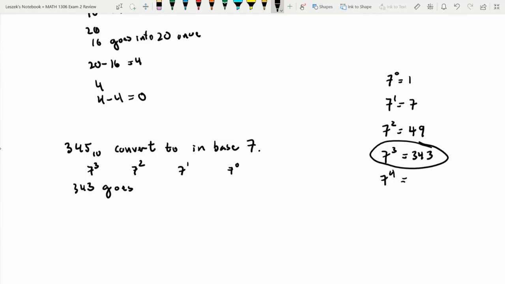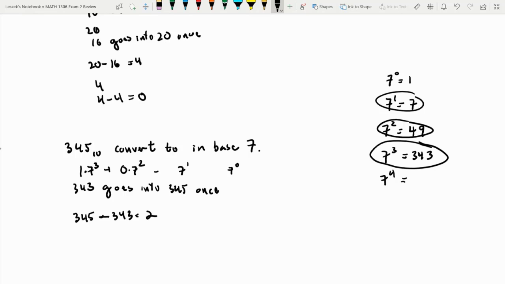So 343 goes into our number once, so we'll indicate that by putting a 1 there. All right, and let's update our number. Well, this was cheesy. I didn't really plan on this number working out this way. That's a 2. So 49 does not go into 2. Neither does 7. But then 1 goes into 2 twice. So we'll indicate that like so.